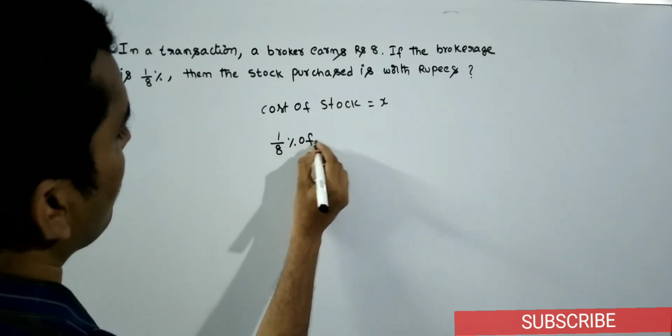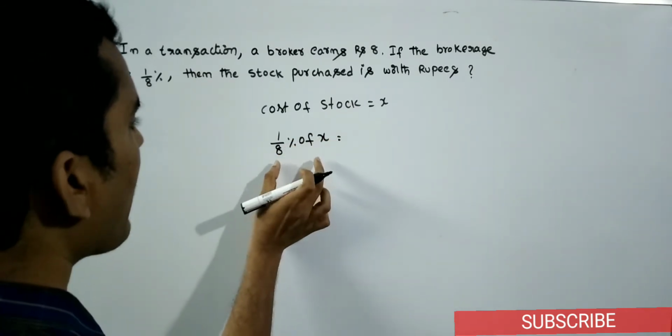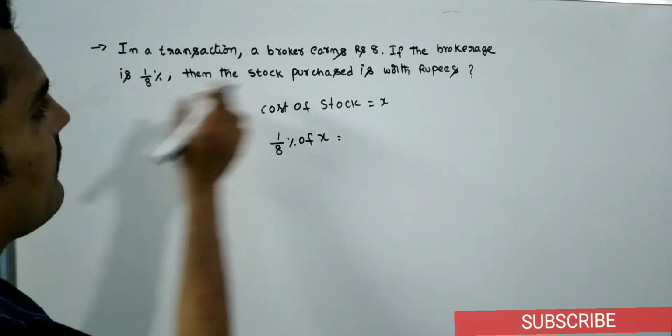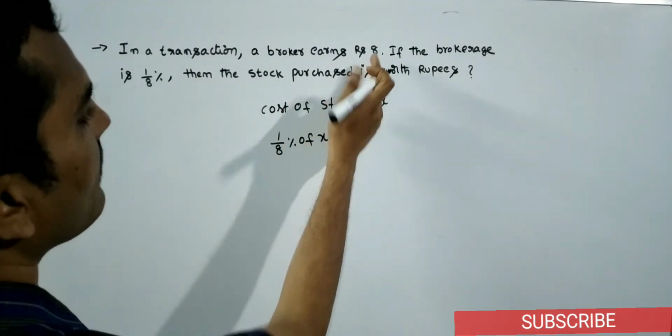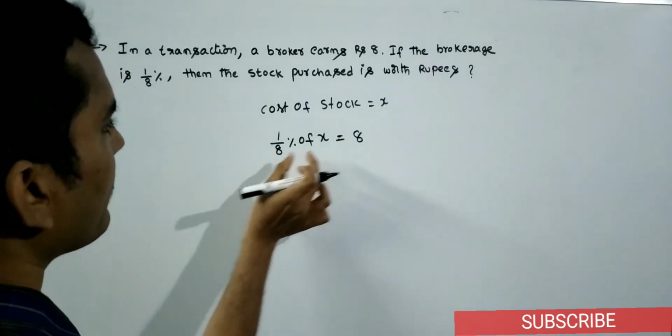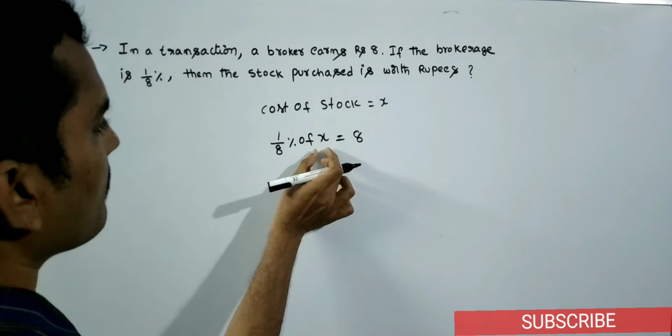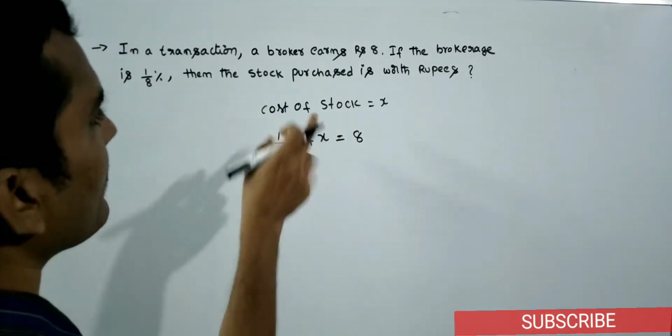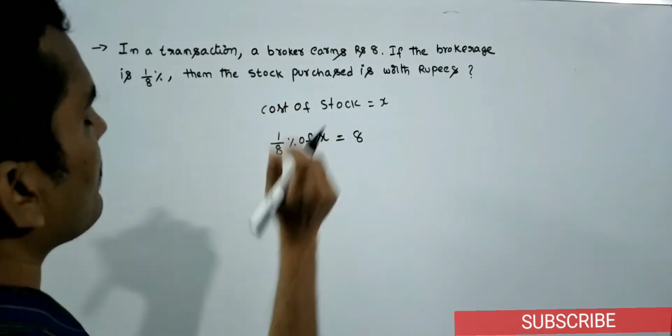That means 1/8% of x. This is the actual commission he will get. What is the amount he got finally? 8 rupees. That means 1/8% of the cost of the stock is 8 rupees. What is asked? The cost of the stock.